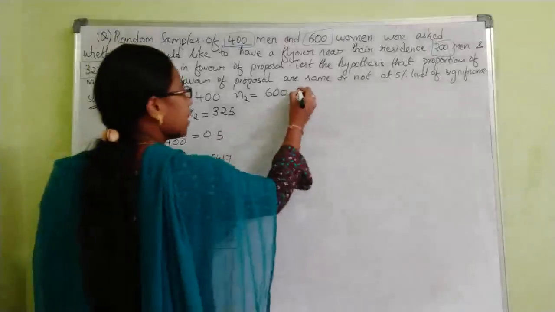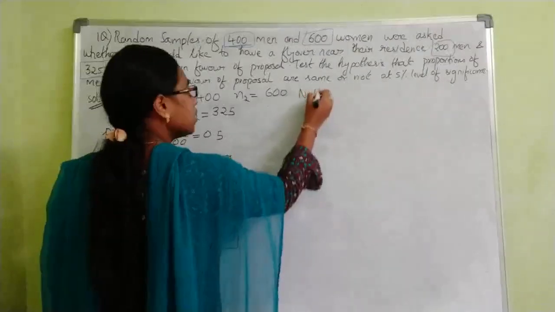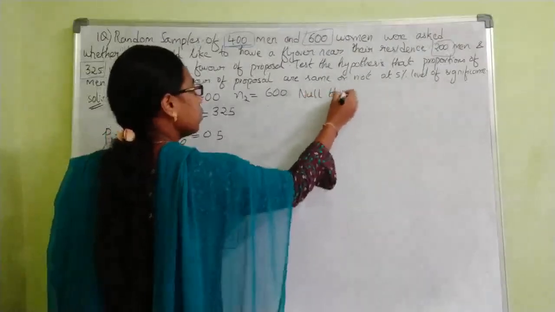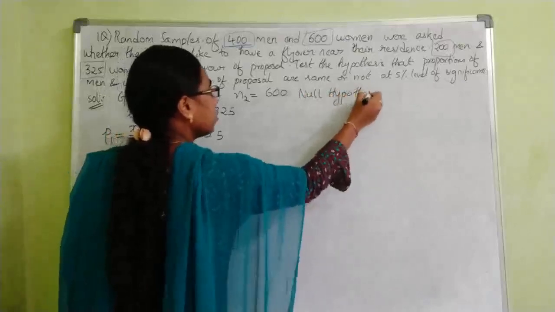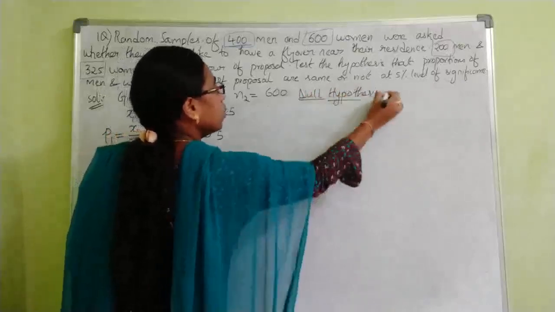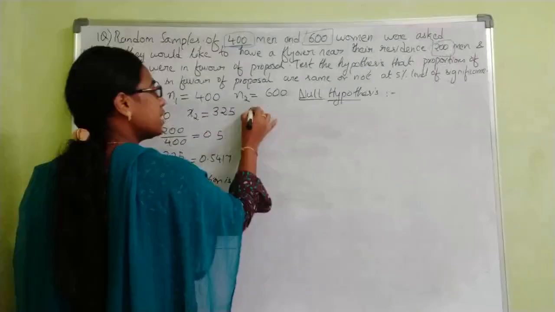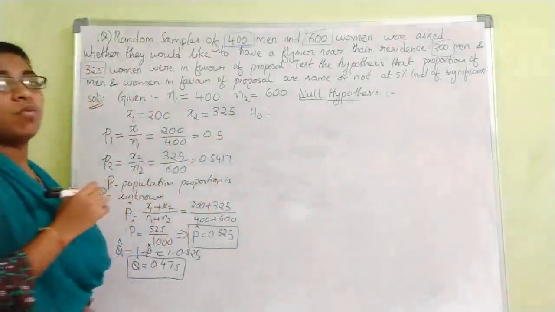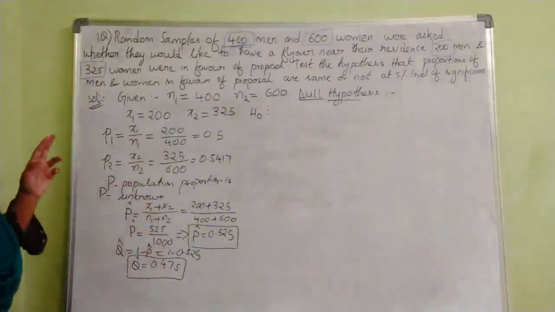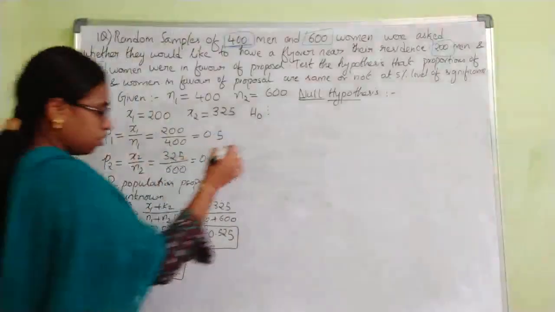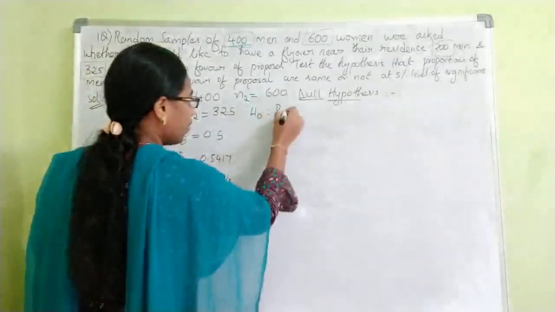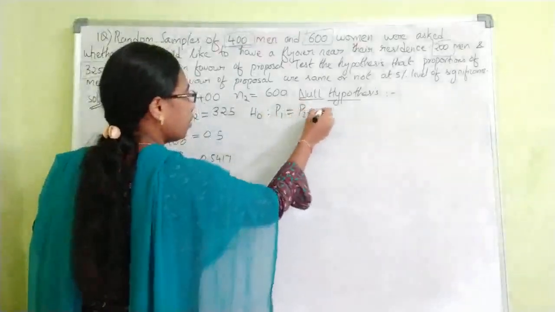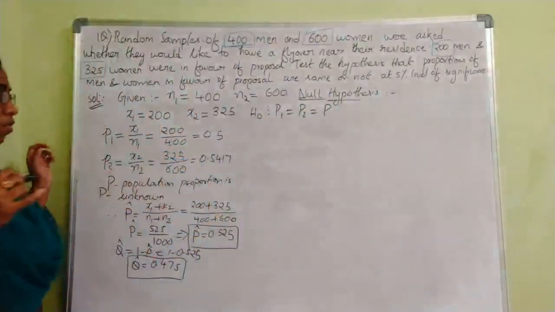First write down the null hypothesis. It is denoted with H naught. So H naught such that P1 equals P2 equals P. So what is the P value?